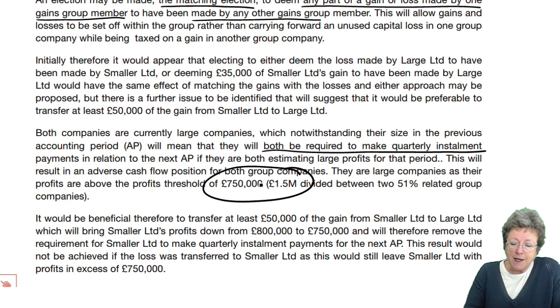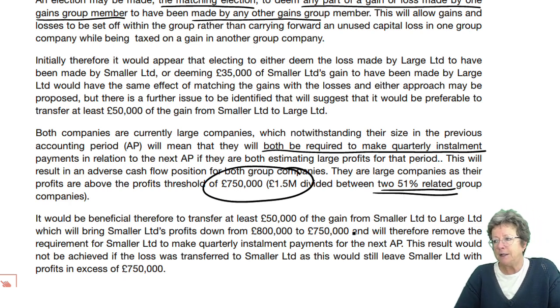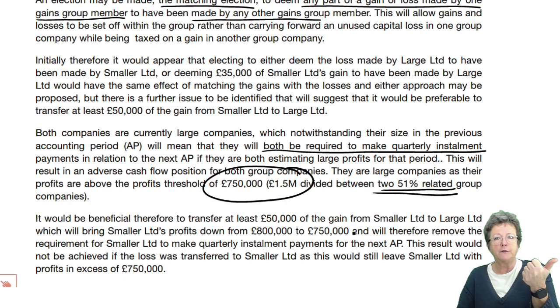Because they're 51% group members, the limit is divided between the two of them. One of them has £1 million profits, the other has 800,000. Both of them are over the limit. Both of them pay quarterly instalments.